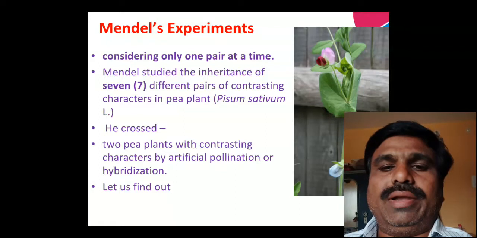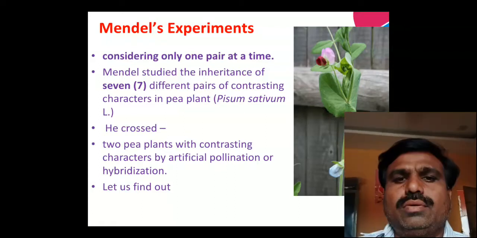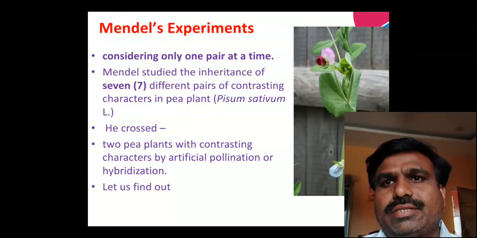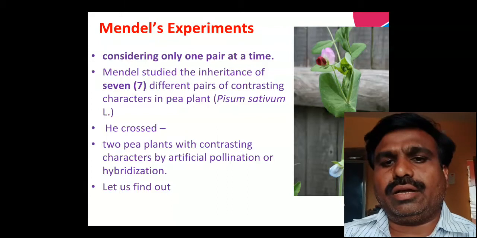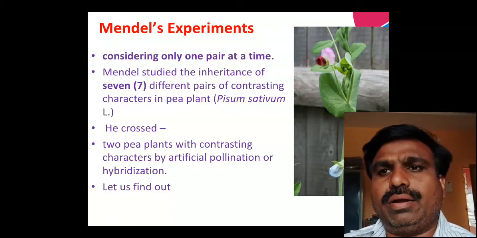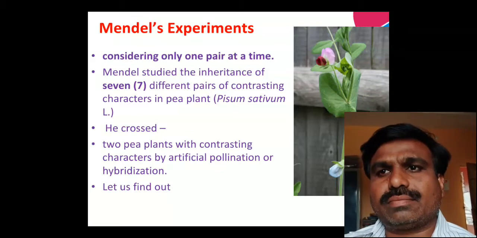Now in the Mendelian experiments, when Mendel selected the garden pea plant for hybridization experiments.